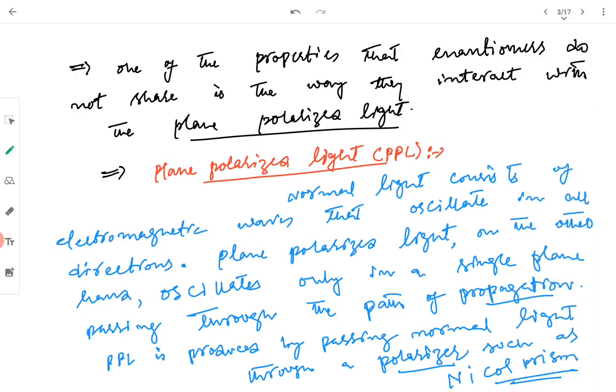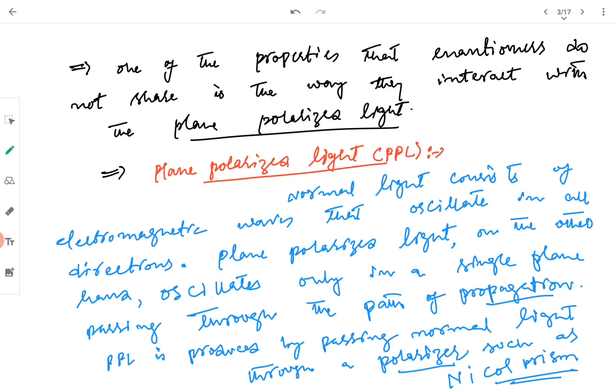One of the properties that enantiomers do not share is the way they interact with plane polarized light. If you have a compound with one asymmetric carbon, it will have two enantiomers. These two enantiomers will be identical to each other in almost every respect except their behavior towards plane polarized light.